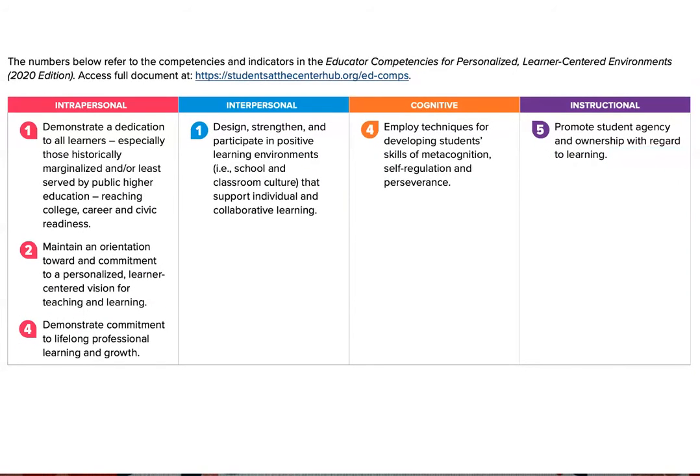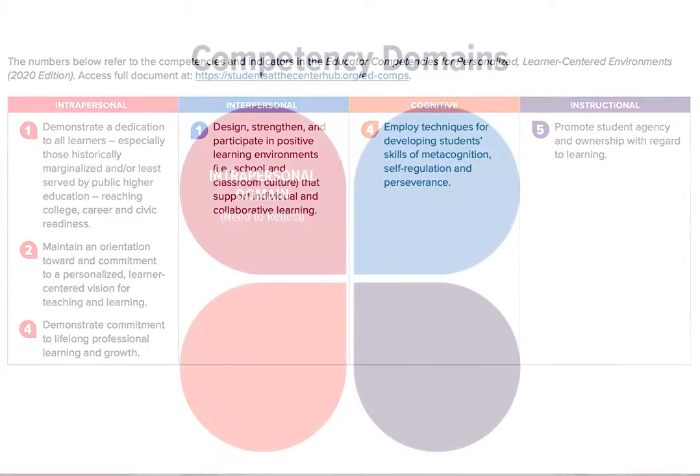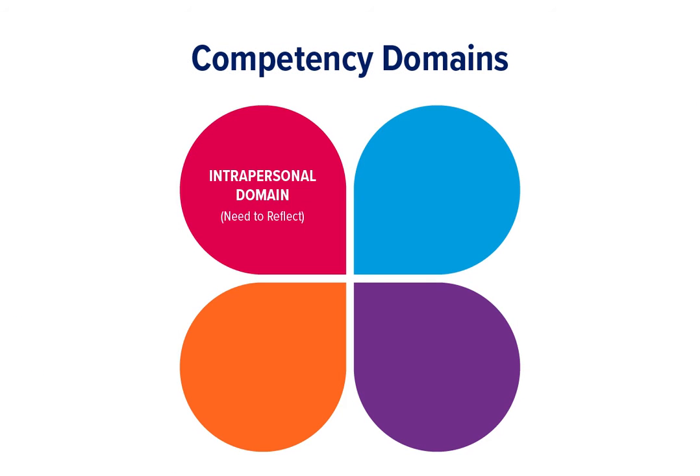You will see that there are 6 competencies, and these competencies are organized into domains. We have 4 domains. The first domain is intrapersonal, and those competencies deal with things that we believe educators need to reflect on.